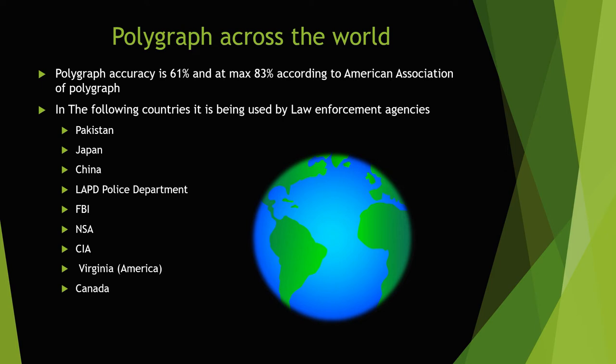The rest, FBI, NSA, CIA, counterintelligence agencies, and Virginia State of America, all use the polygraph for non-judicial settings. Every individual considering a job in the FBI will go through polygraph testing. Same is the scenario with the NSA and CIA.